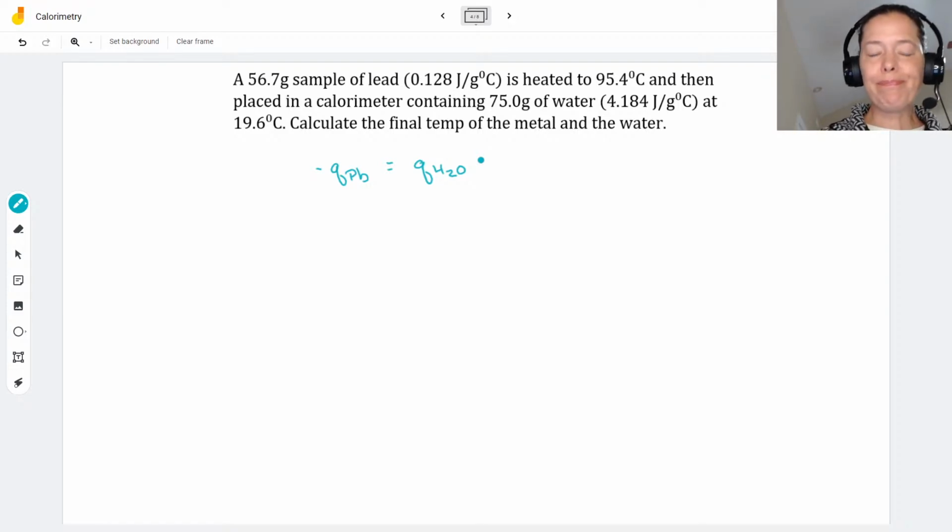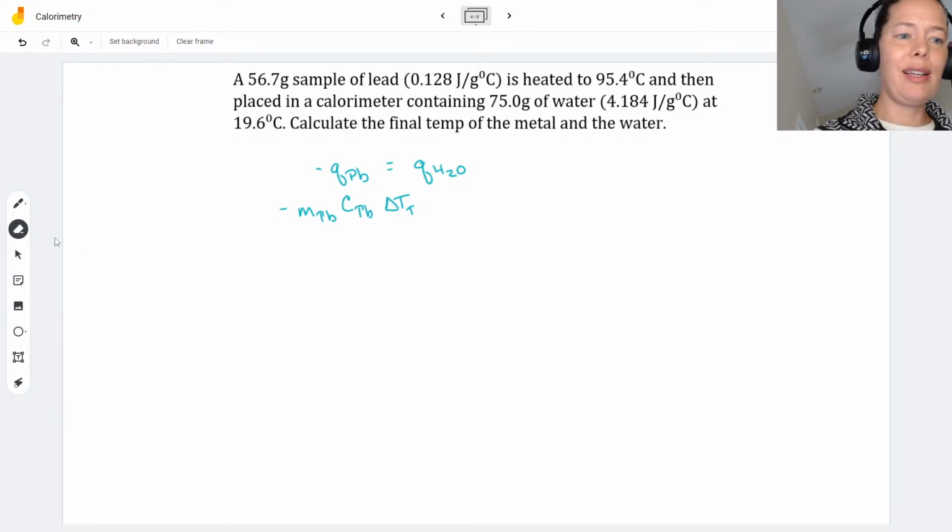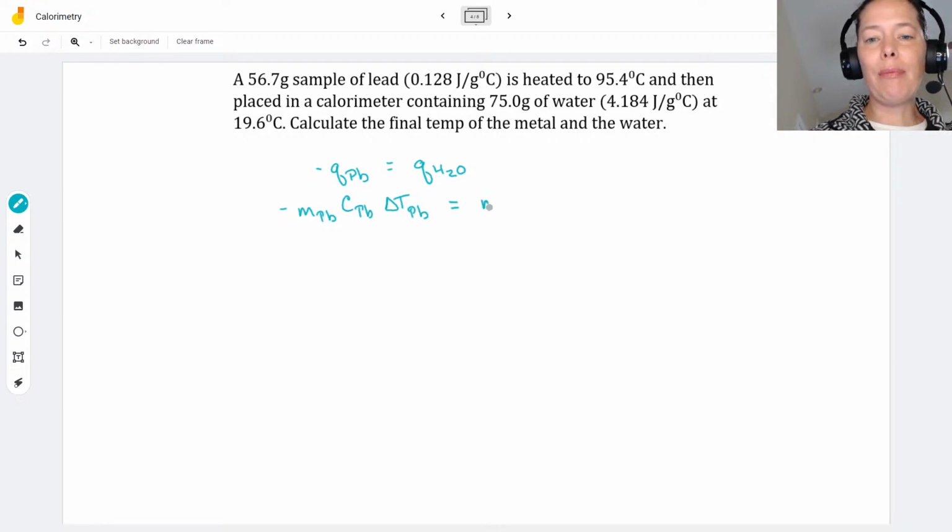All right, so now that I've got my Q's, I'm going to change this up and write in my mass of lead, my specific heat of lead, and my delta T of lead, and that's going to equal, again, my mass of water, my specific heat of water, and my delta T of water.